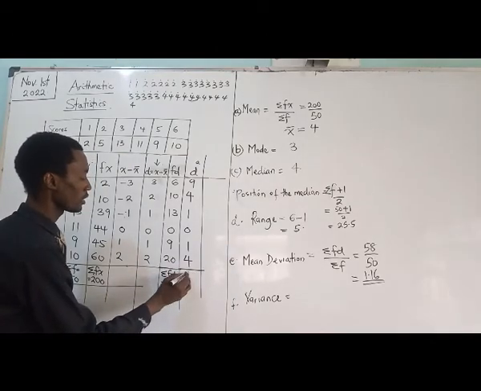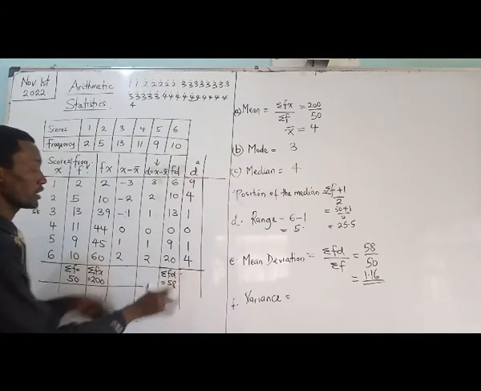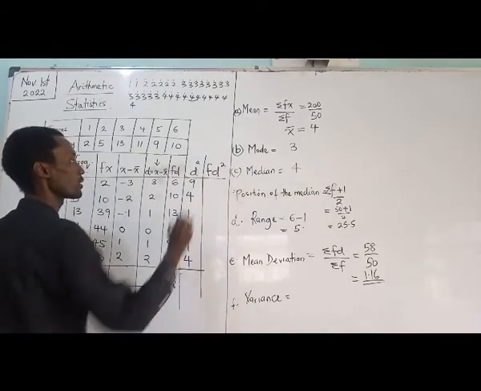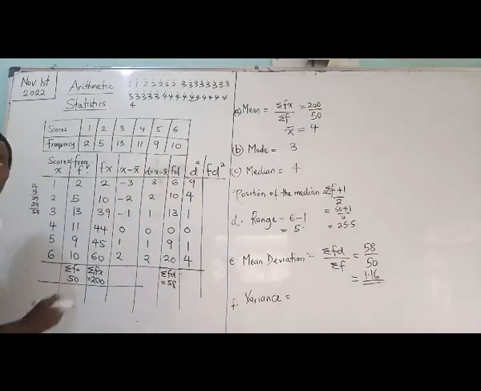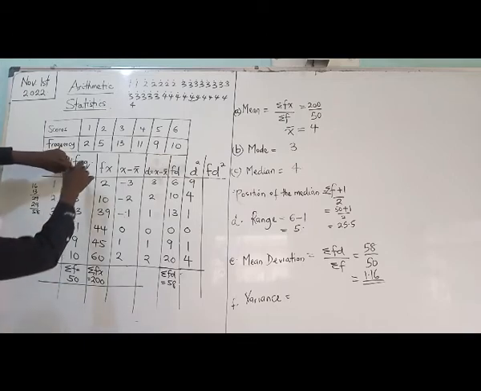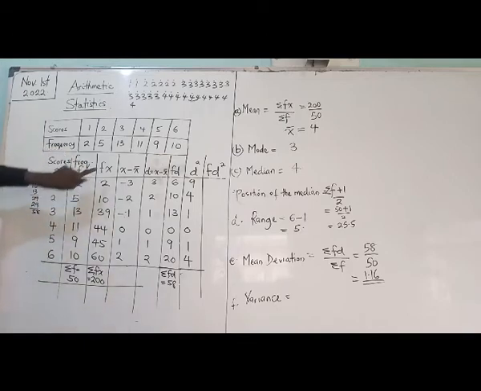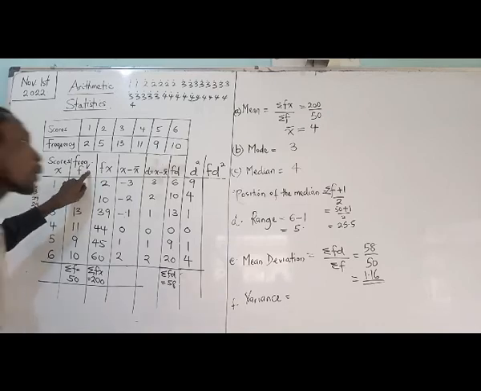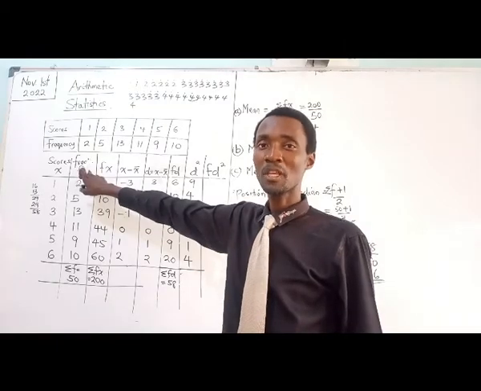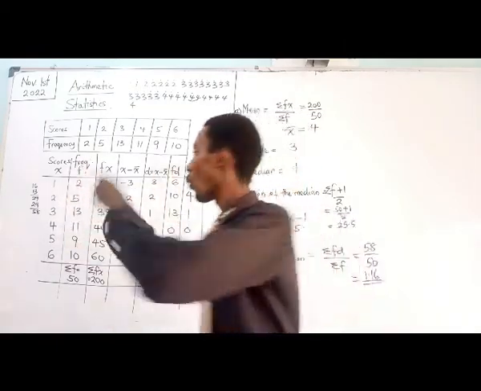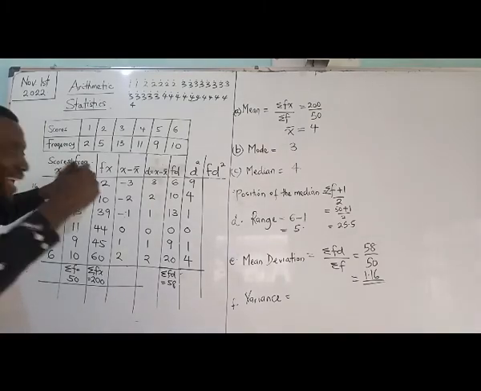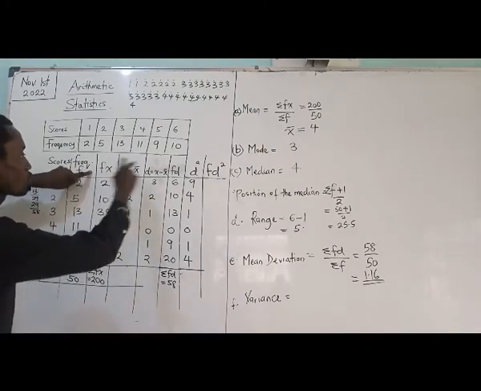So, summation. Okay, we don't actually need this one. Now, we will need to get what is called FD squared. I will look at this F. Notice that anytime I come to this, I'm always keeping my left hand here. Now, the problem here is that a lot of us might forget what we are multiplying. So, the trick is this. Keep one of your fingers here, and then use your pen to begin to touch this one.